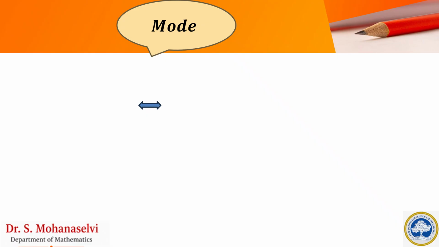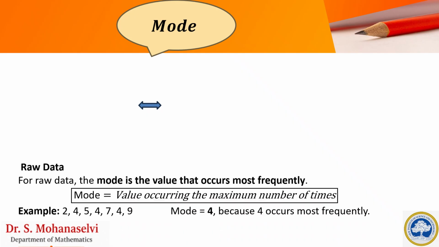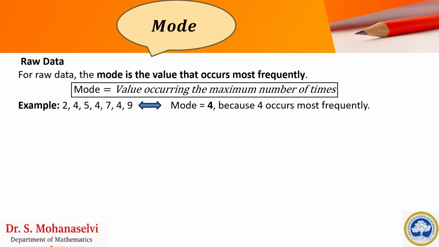So in simple words, the mode is the value that occurs most frequently. For raw data, we simply look at the observations and count how many times each value occurs. For example, 2, 4, 5, 4, 7, 4, 9. In this data, we can very clearly see that the number 4 appears 3 times. So therefore, mode is equal to 4.